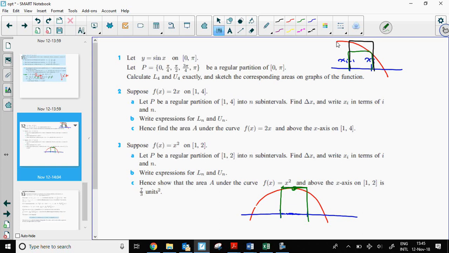So my hunch is that if a problem like this were to show up on an IB exam, it would have to be, first of all, a very simple function algebraically, because we need to be able to work with the expressions for delta x and for x sub i. So it's going to have to be something easy, like just squaring stuff or multiplying by 2. Even here isn't too bad because of the particular partitions that you're told to use. And it's going to have to be something that's monotonically increasing or decreasing.